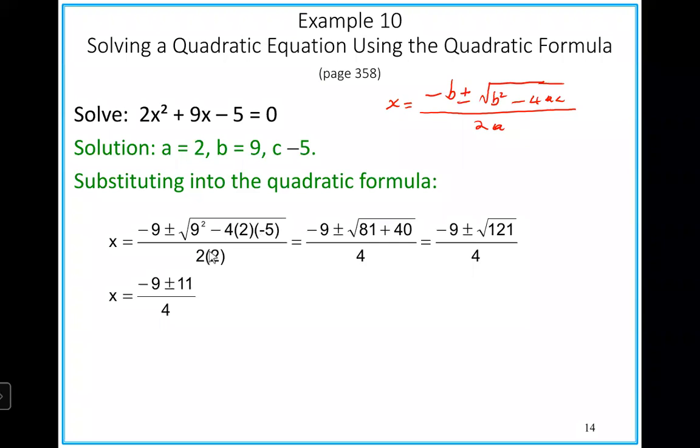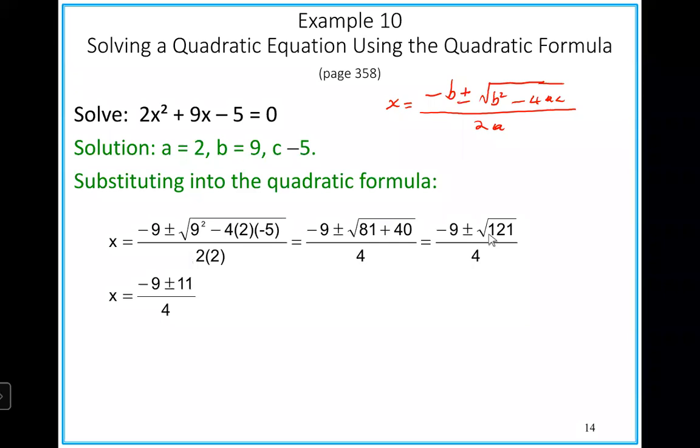Here 2 times 2 is 4, so we carry the 4 across. The square root of 121 is 11, so we don't need to write the square root sign anymore because we worked out the answer to be 11.